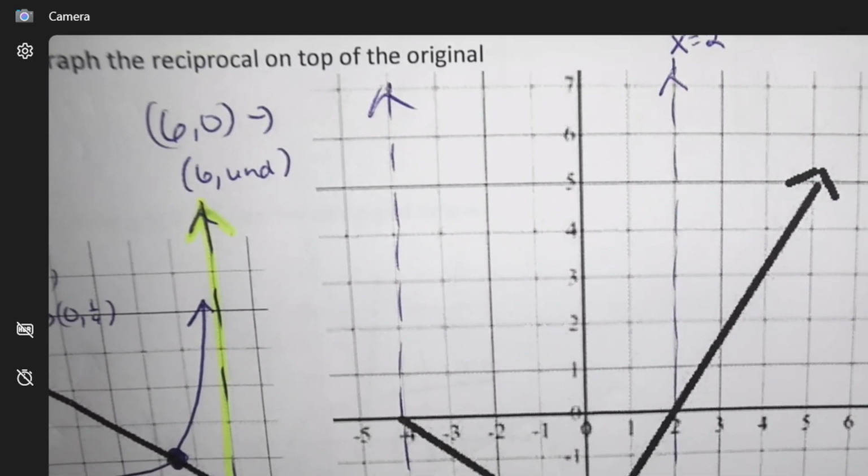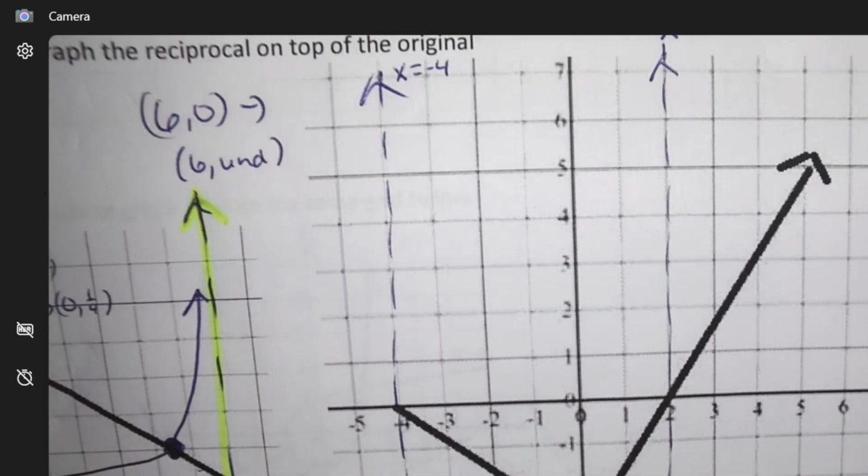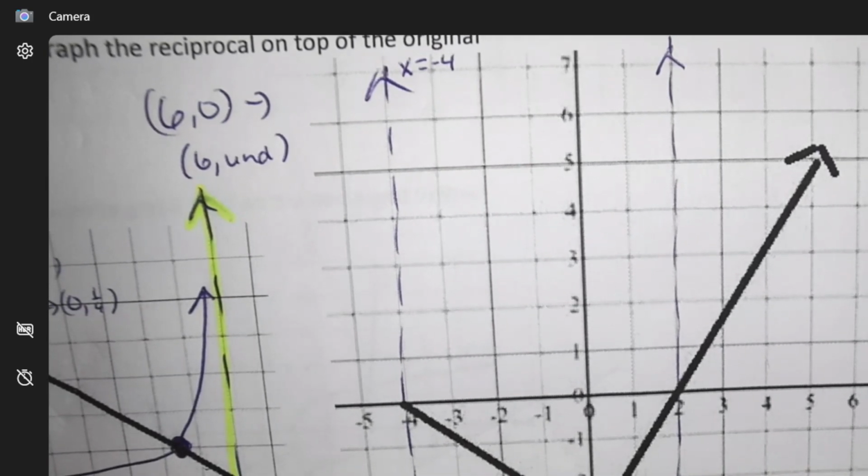How do you write a flat line? Y equals. Here your X equals, remember that from grade 10? And then X equals -4. So you might have just random questions like that. Instead of graphing, I might just say, where's the asymptote?